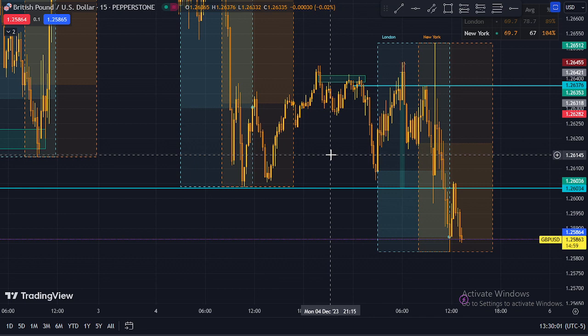Now, what ICT teaches us is the short-term bias. We don't have it. In the morning I didn't have any bias. I don't do any analysis pertaining to the daily bias. All I do is wake up in the morning, see what the charts have been doing overnight and the previous day, and then after seeing that, I straight jump into the price action.